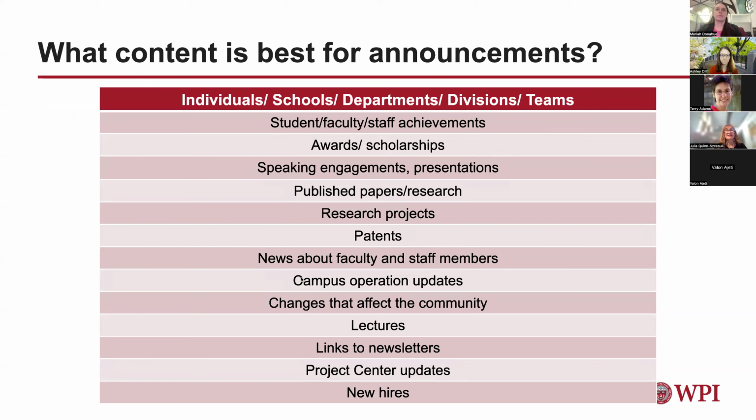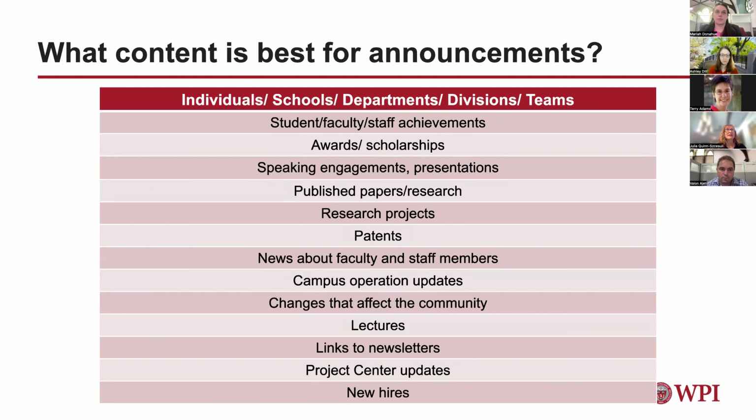So the content that is best for announcements is very broad. As you can see from this whole list, I'm not going to read the whole list because I know that everybody will have access to this, but it can go from something that you want to announce about a faculty member getting an award, a student getting an award, a specific achievement, a research project that is kicking off.